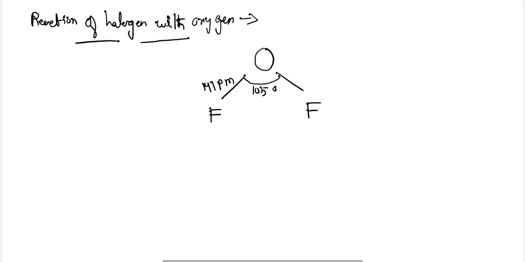It is just the same as water, where fluorine is replaced by hydrogen, and the angle is very near to that of water, which is only 104.5 degrees. The reason is that the hydrogen size and fluorine size are almost equal. There is not that much difference, and due to this reason they have this kind of nature.